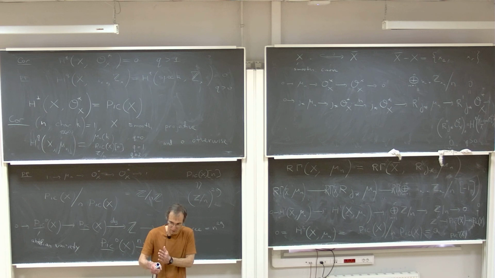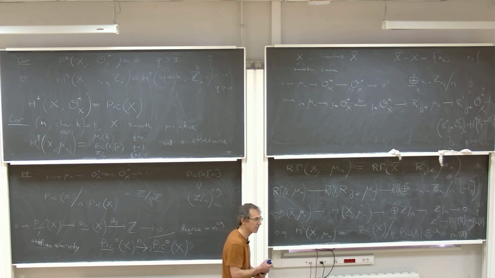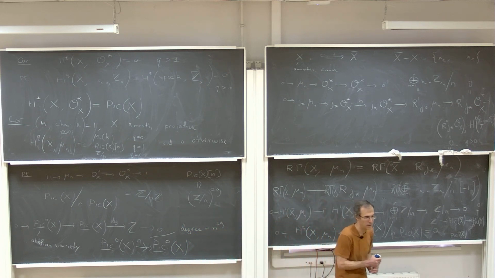If your class over Spec Q extends to an algebra over Spec Z, it means that all the residues at prime numbers are equal to 0. Using the fact that the sum of residues is 0, you also know that the class at infinity is 0, and then you're done.